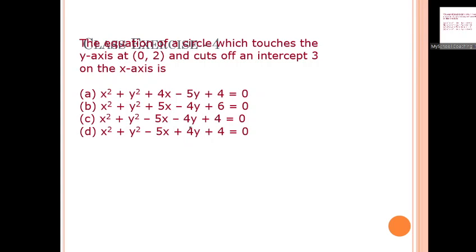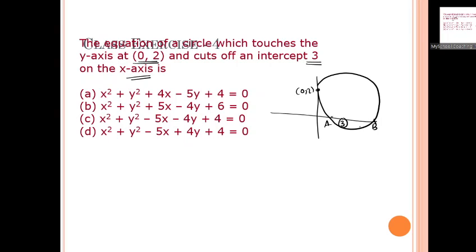The equation of a circle which touches the y-axis at 0, 2 and cuts off an intercept 3 on x-axis. It has to touch y-axis at 0 comma 2, and the x-intercept should be 3 units. If you have a circle like this, this has to be 3 units, and it has to touch the y-axis here.